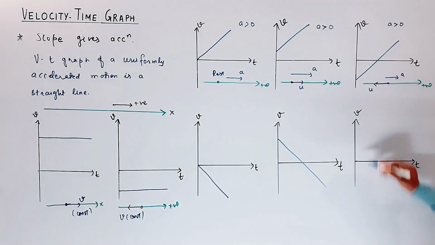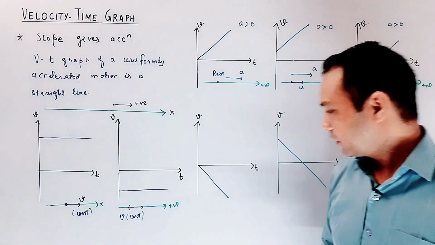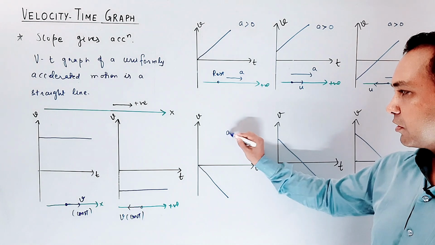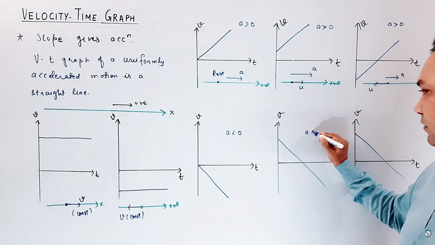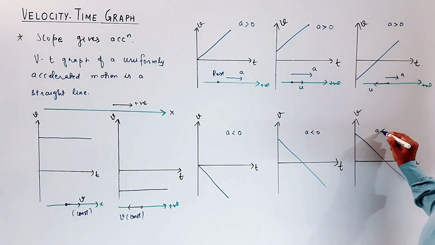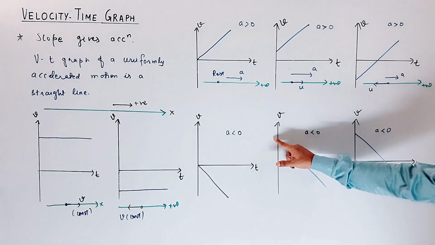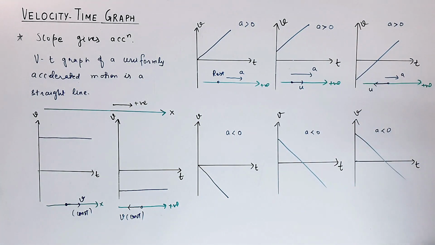Here also the graph is a straight line, but in all these three groups, acceleration is negative. It started with 0 initial velocity, it started with positive initial velocity, and let me draw this like this, and it started with a negative initial velocity.